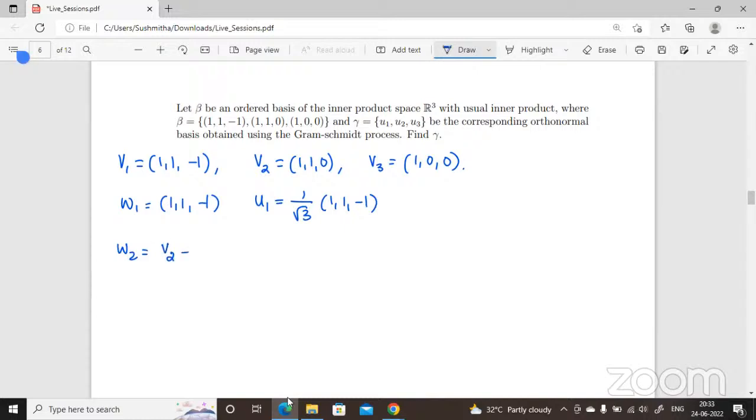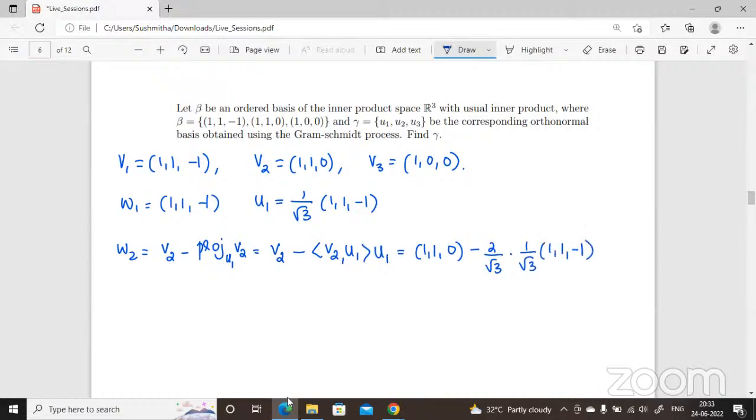W2 is V2 minus the projection of V2 on U1. So V2 minus the inner product of V2 with U1 times U1. So (1, 1, 0) minus the inner product of V2 with U1, which is 2 by root 3, times 1 by root 3 times (1, 1, -1).